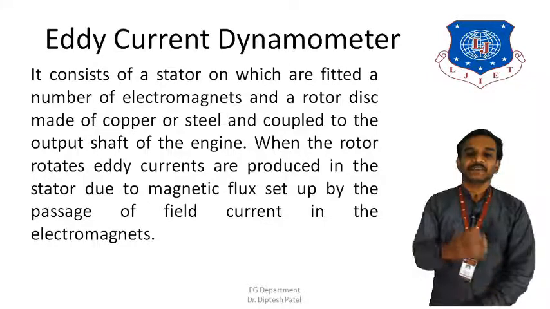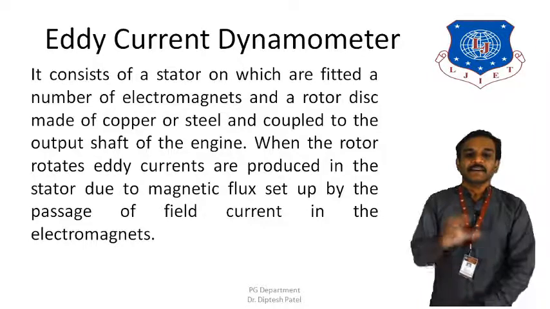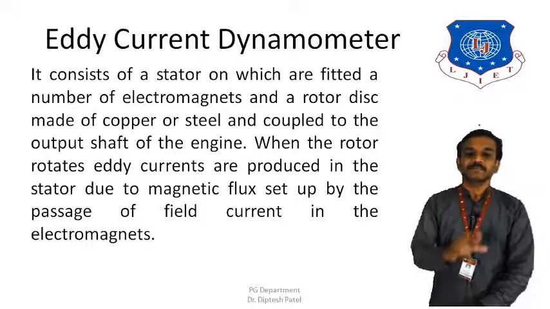Since the rotor rotates in between these electromagnets, it produces eddy currents, because of the magnetic flux that is set up by the field current in the electromagnets.